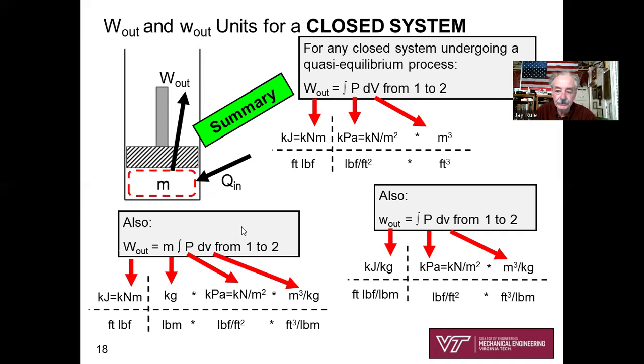I hope now that you feel more comfortable dealing with these situations. Sometimes in problems, you're not given the mass of the closed system, and so you're asked to find kilojoules per kilogram of work. That's little w, and you're satisfied to see how to work with that integral of P dv. Gosh, I hope this helps. I hope it helps you to put some things in perspective and maybe recap some of the homework problems you've had difficulty with so far.